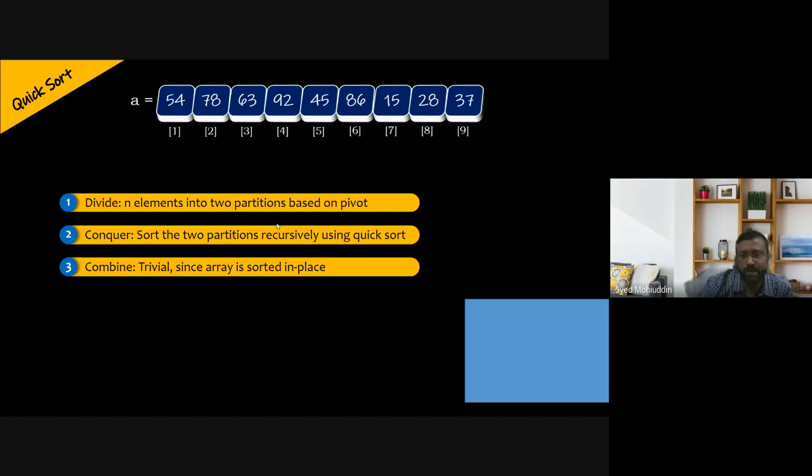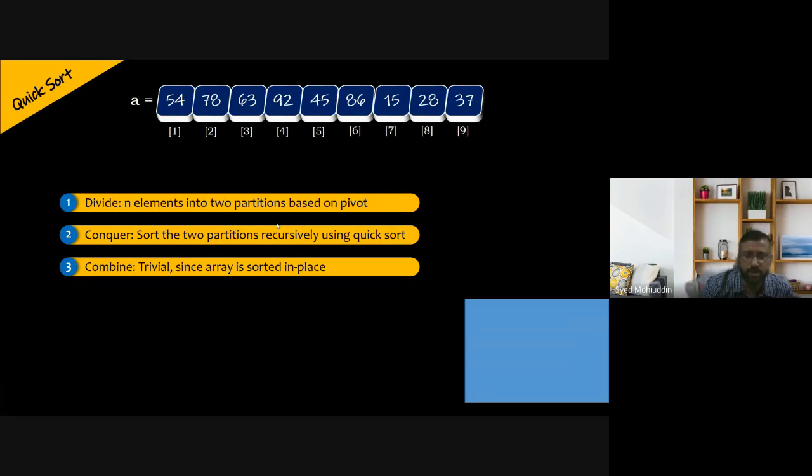So once we find the pivot element and partition the set into left and right subarrays, then the left subarray has to be recursively sorted using quick sort. Even the right has to be recursively sorted using quick sort. And the third phase is that once we get the solutions, we combine.